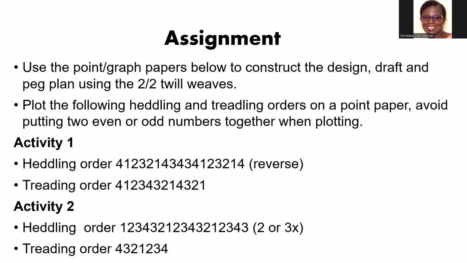And when you are doing your drafts, it's the same numbers, you see. So this is the threading order, the one at the side. So this is 4, 1, 2, 3, 4, 3, 2, 1, 4. So that is the draft under, and this is the design. So use this one to create a design. Use this one to create a design.